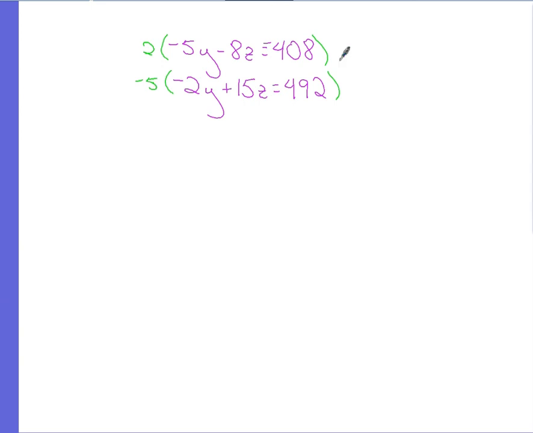So making that adjustment to the top equation, multiplying by 2, we've got -10y minus 16z equals -816. Then, with this second equation, multiplying that -5 through, you've got 10y minus 75z equals -5 times 492. What is it?